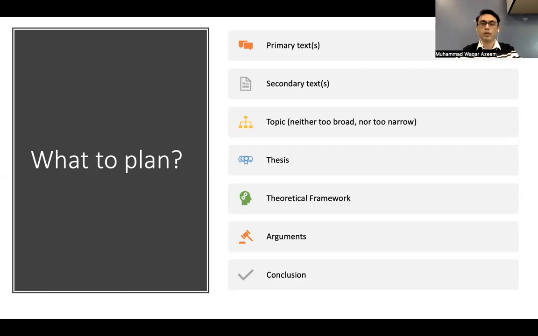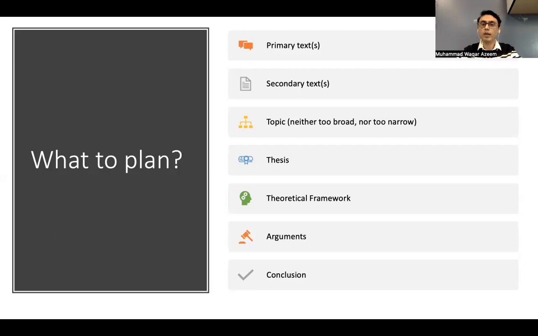Now, just one last rule of thumb. You can plan your academic paper along these points that I just shared with you by jotting down a tentative outline of your paper.